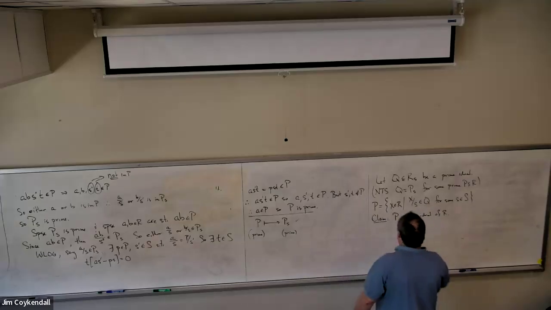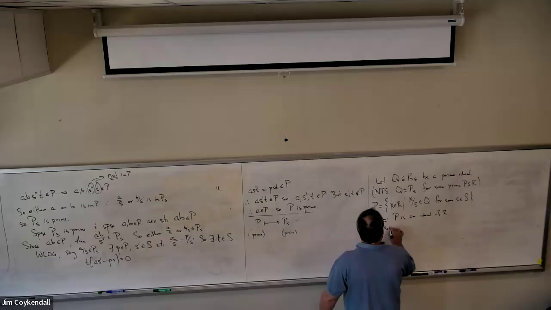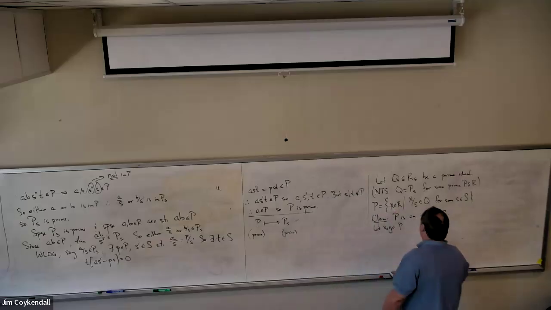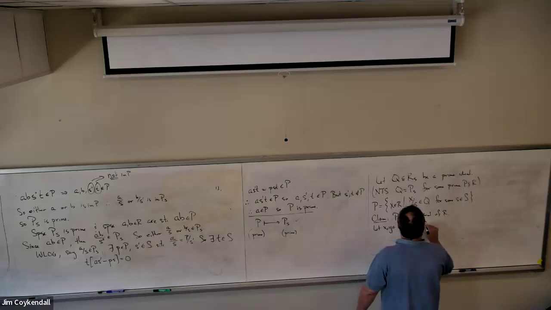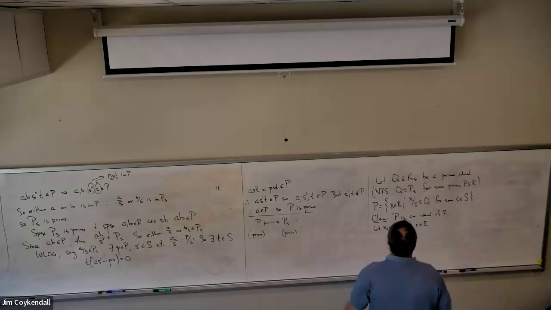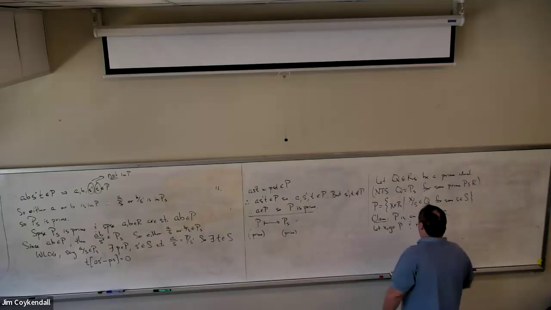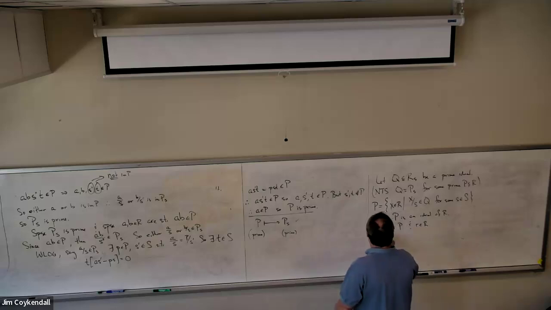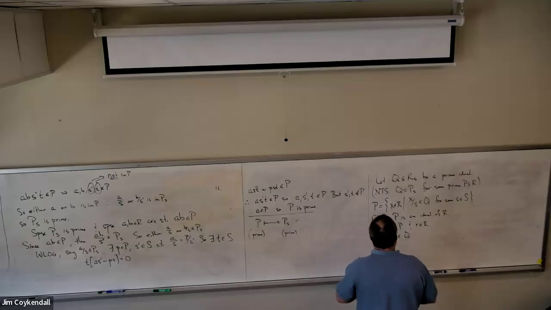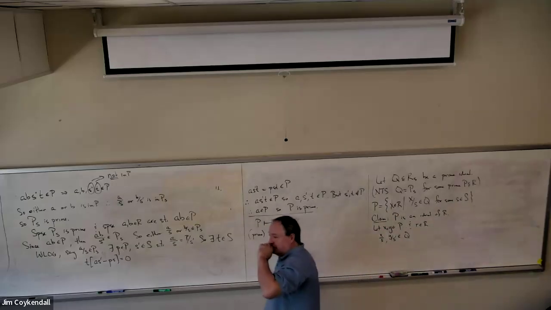So let x, y be in P, and r in R. Let's note here that x over s, y over s prime are elements of Q, right?